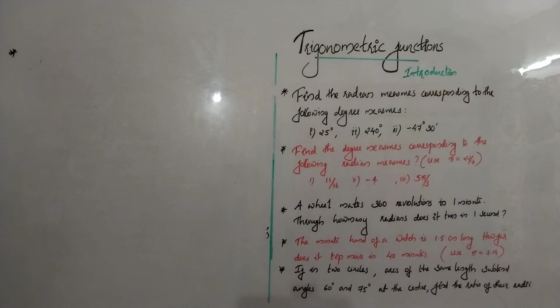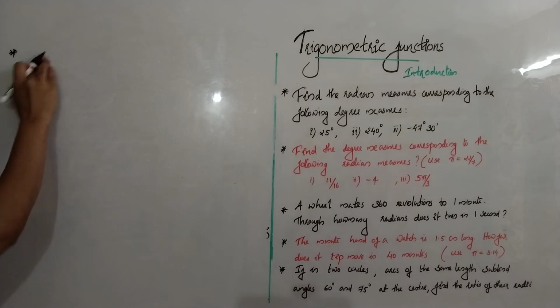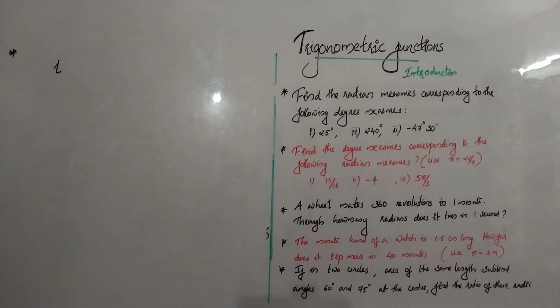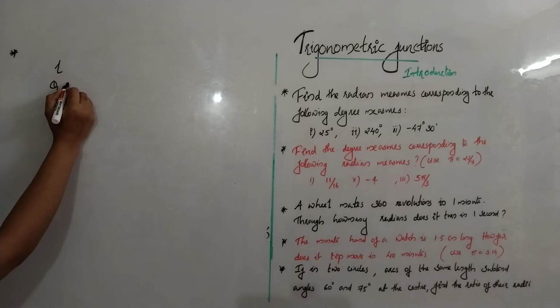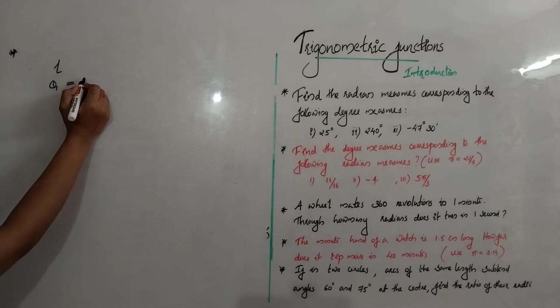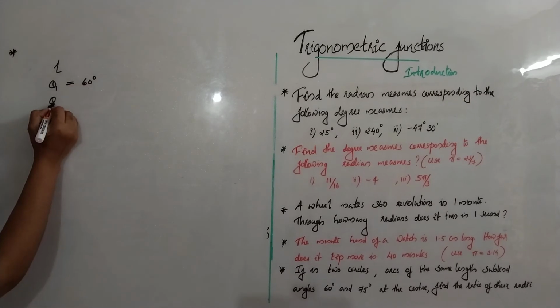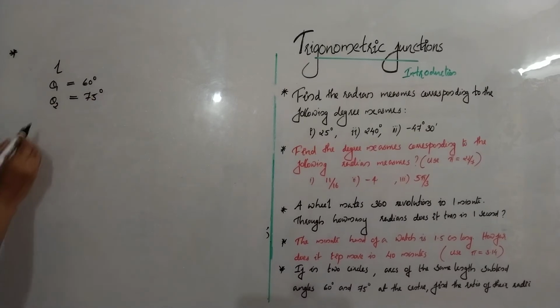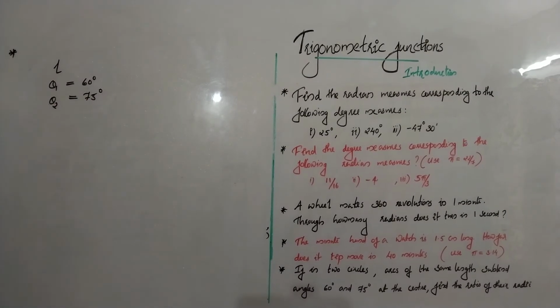Now the final question is, in 2 circles, arcs of the same length, so the arc length is the same for both the circles, subtend angles 60 degree and 75 degree at the center. So theta 1 for the first circle is 60 degree and theta 2 is 75 degree. This is for the second circle.